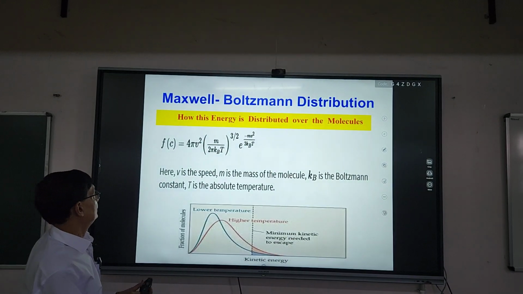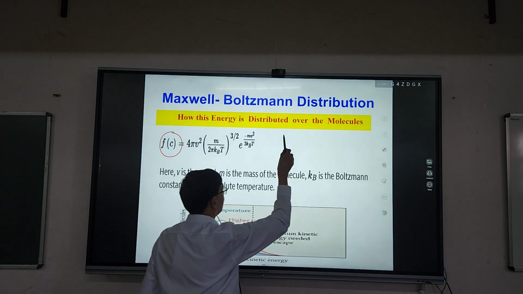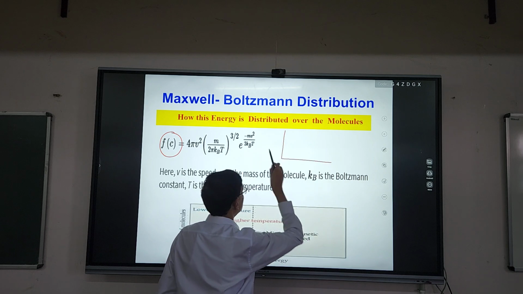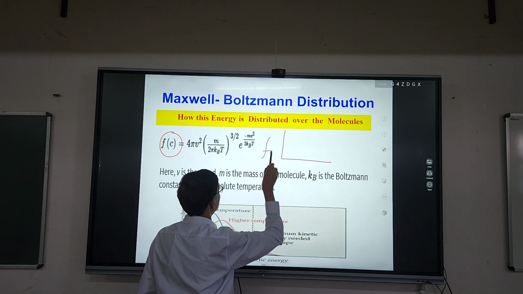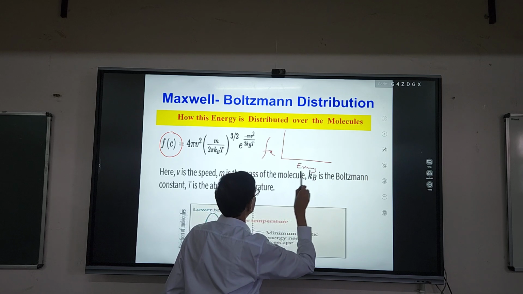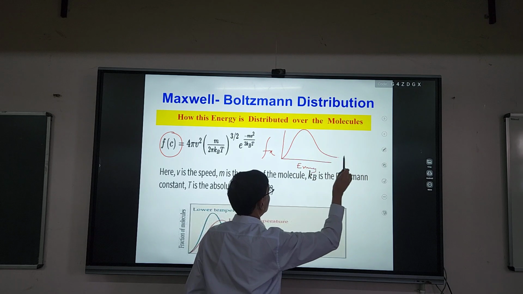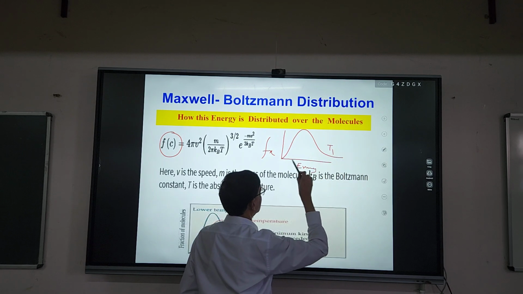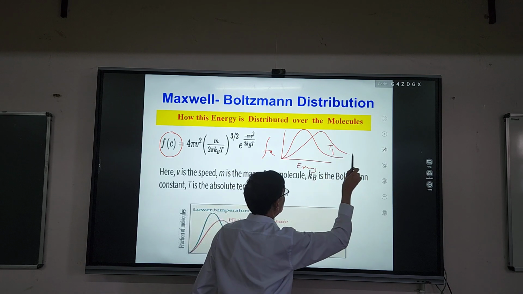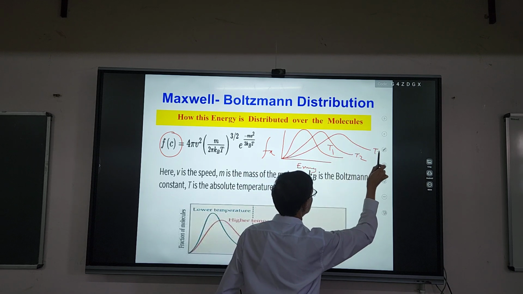You see, this is actually the fraction of molecules. So if I plot a graph between this fraction of molecules and energy, this is speed, suppose T1. Again we increase the temperature to T2. Again we increase the temperature to T3.